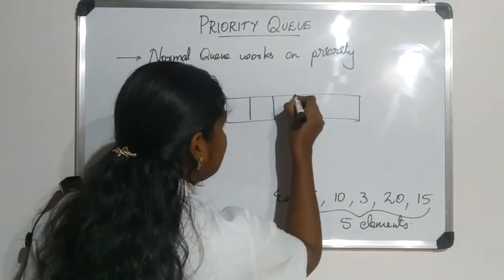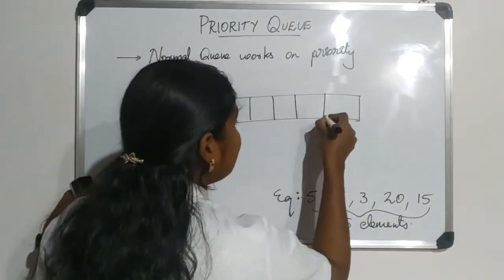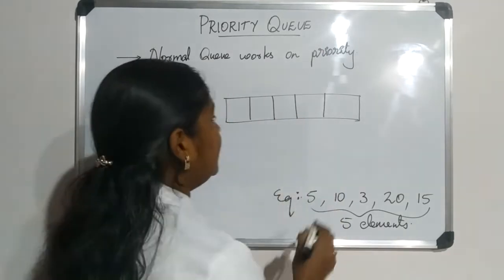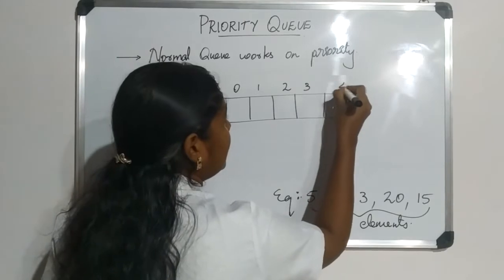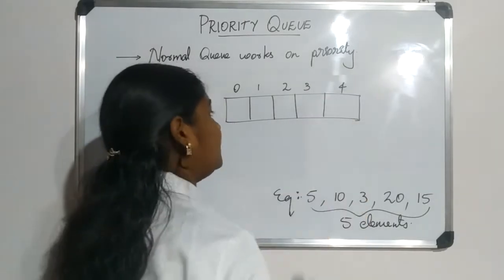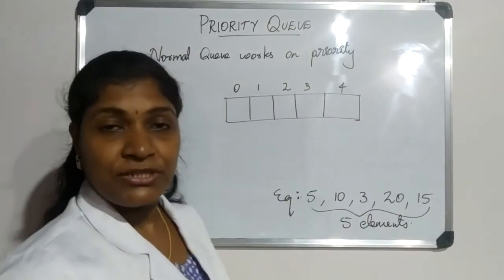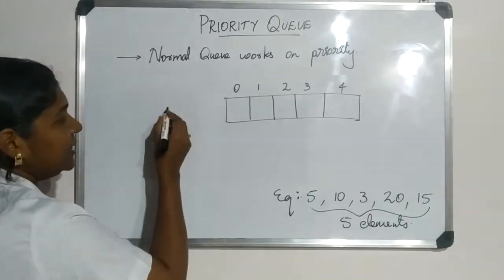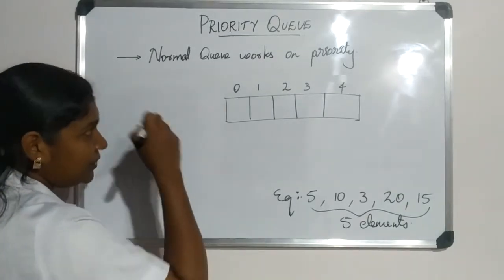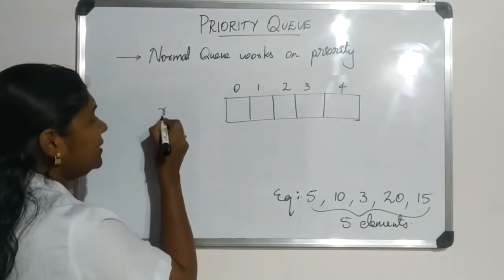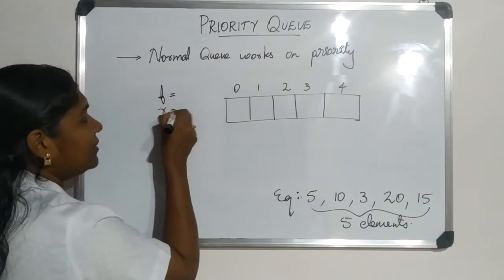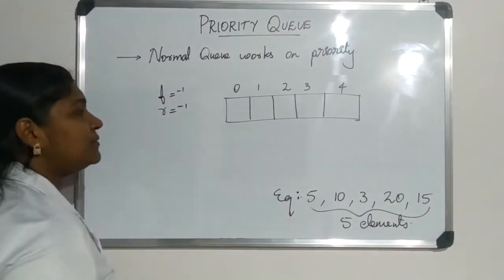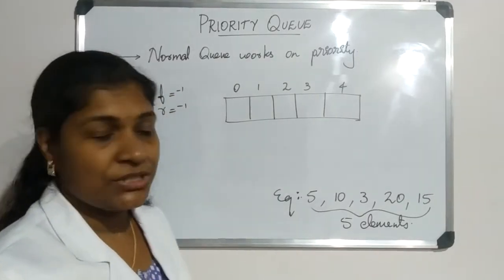As in a normal queue, there are positions 0, 1, 2, 3, 4, so total 5 positions I have arranged. Initially, in order to write it easier, I am taking the front and rear pointers as F and R. F is equal to -1 and R is equal to -1 initially.